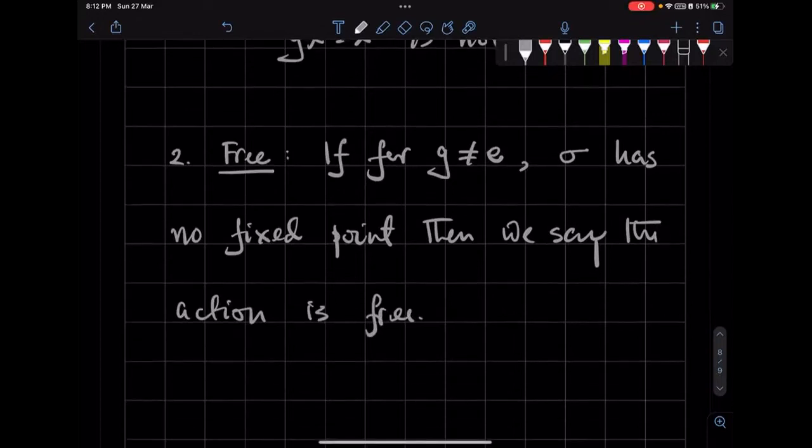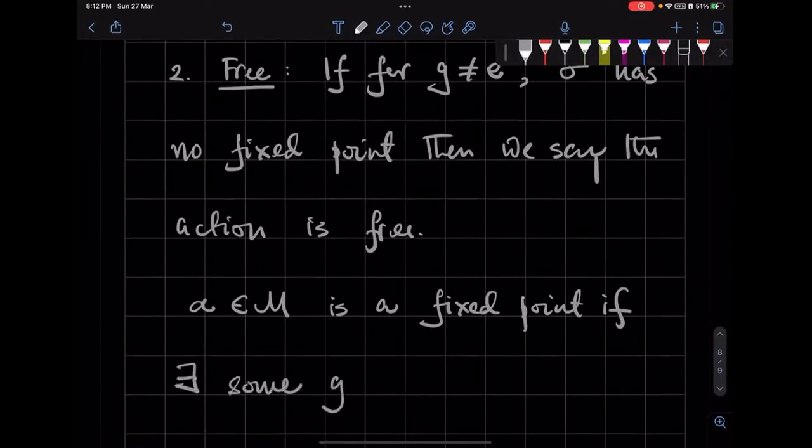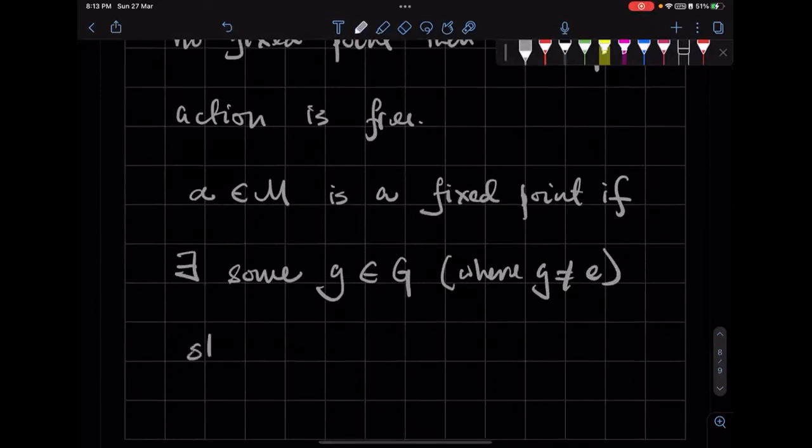So what does fixed point mean? X in some manifold M is a fixed point if there exists some G in the group, where G is not the identity, such that when G acts on that point, it gives me the same point back.